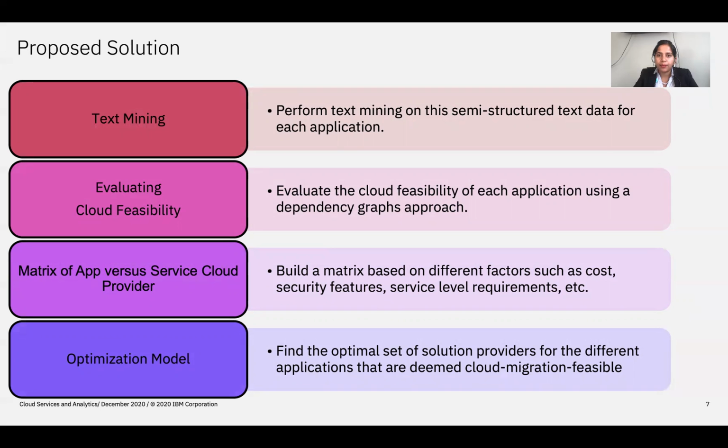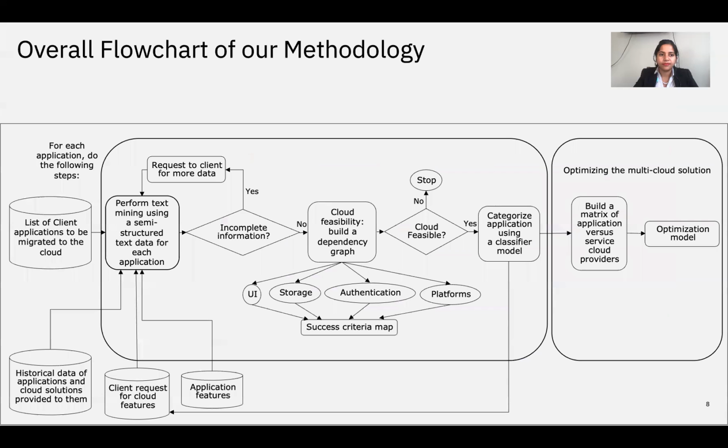Next, we build a matrix of all the applications and the features that we want to evaluate on, like cost, security features, service level requirements, etc. And lastly, we build an optimization model. We build and find the optimal set of cloud providers that would fit for these applications.